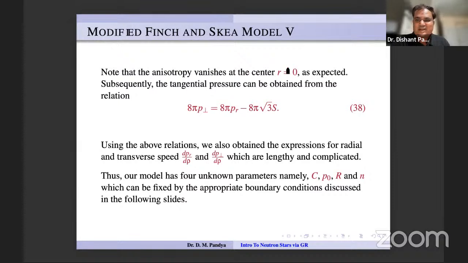So anisotropy should vanish at the center, I mean r equal to 0. The anisotropy will be at the boundary, because with pr and p per we are just trying to check that relationship. Now we have a few more parameters here: as I told you, we have 4 parameters, C, P0, R, and N, which can be fixed by the appropriate boundary conditions discussed in the following slides.